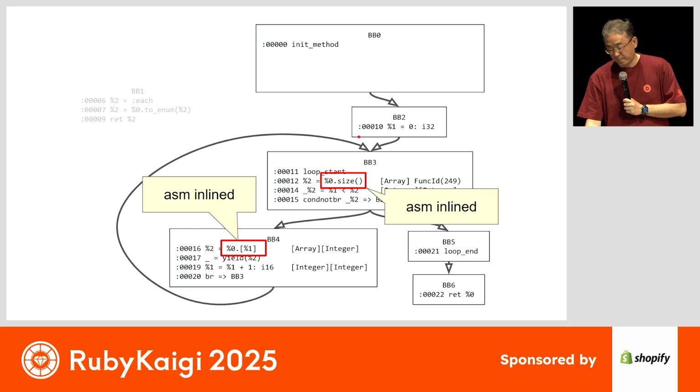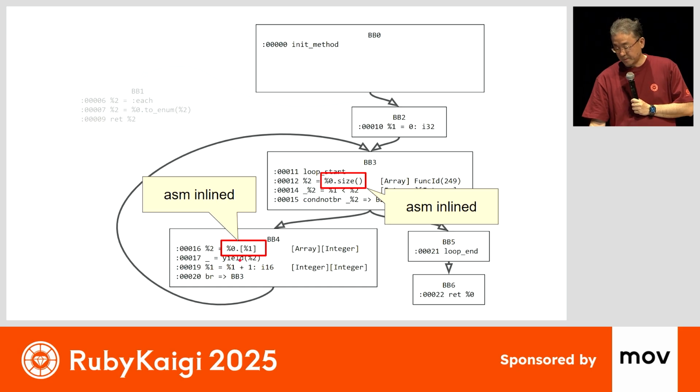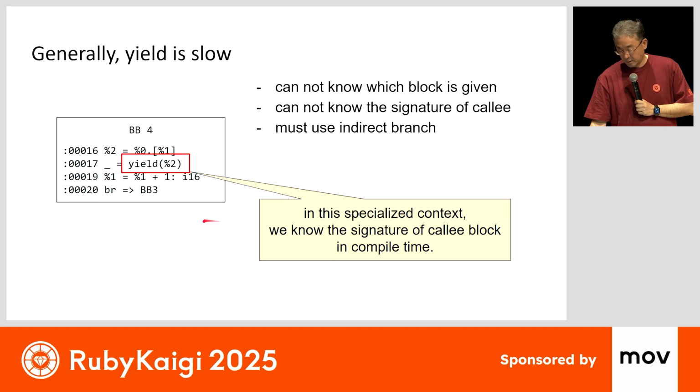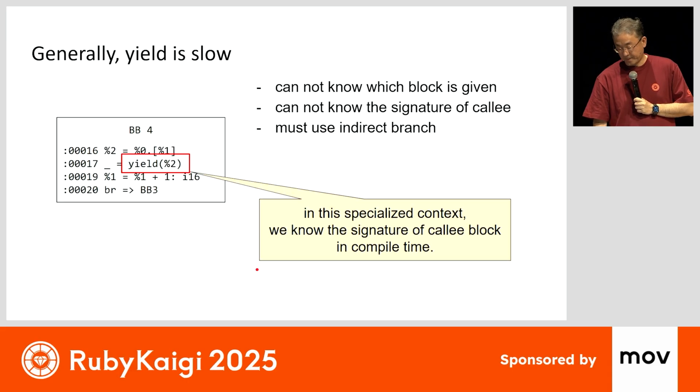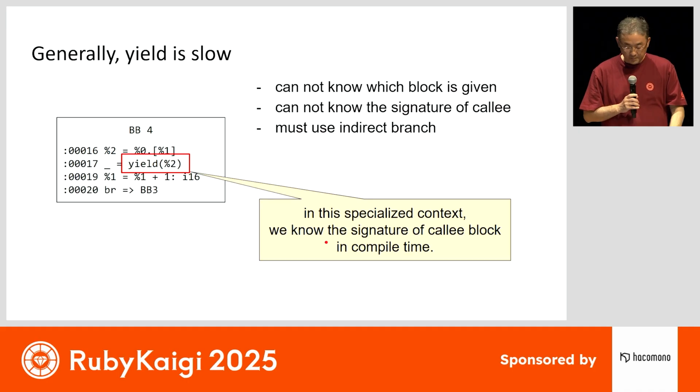There are other methods, like Array#size or Array#index. We can substitute inline assembly. And lastly, there's yield. And yield is very slow because we cannot know which block is given at compile time, and we cannot know the signature of the callee.